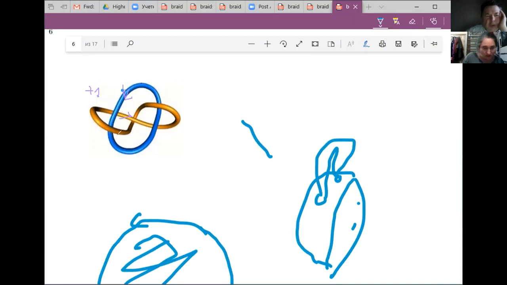We continue this way, and this goes this way, so here this orientation. Am I right? So at this point this is overcrossing, and this is undercrossing. So we are moving in the positive direction. It's +1.